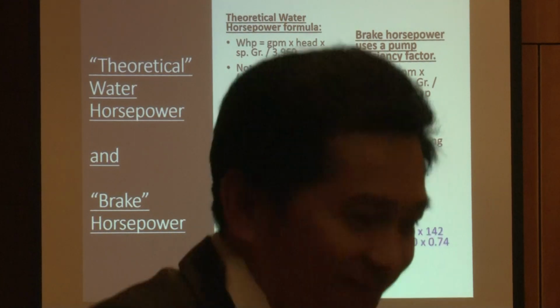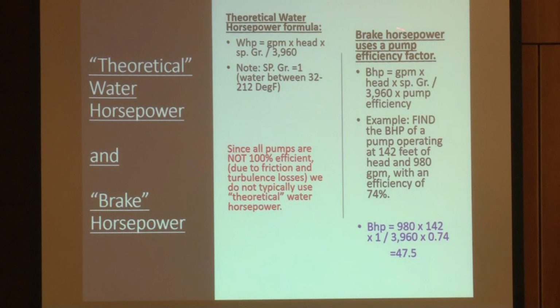So what we do use is a brake horsepower equation that has all the built-in efficiency factors to make sure that we calculate the brake horsepower of the pump that's operating in the system. So for example, if we were looking for the brake horsepower of a pump operating at 142 feet of head at 980 GPM with an efficiency of 0.74, we would use our formula and we would come out with a brake horsepower of 47.5.